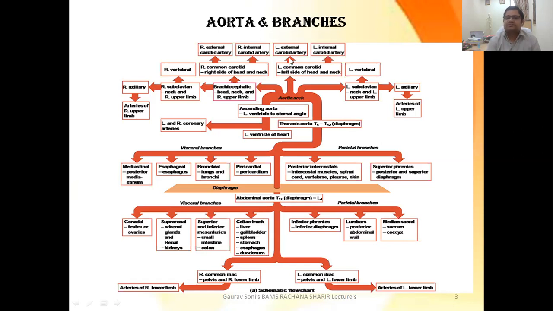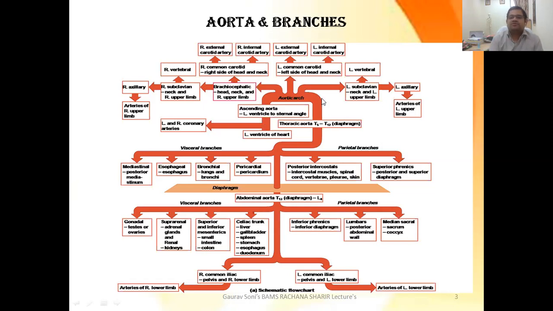Then it is the same, external carotid and internal carotid. Then it gives the left subclavian and left axillary arteries to the left upper limb. We should always remember that the vessel never changes, just the name of the vessel changes as per the region. So remember it very carefully.